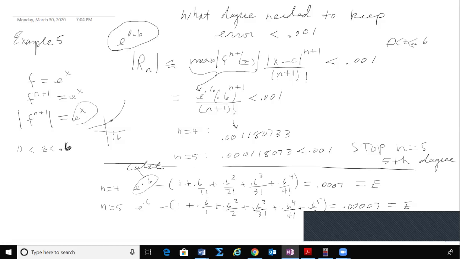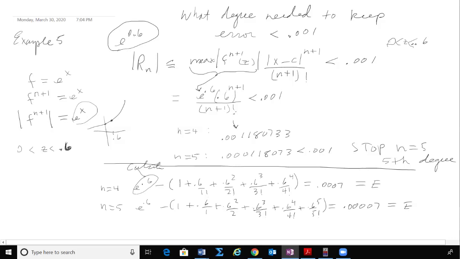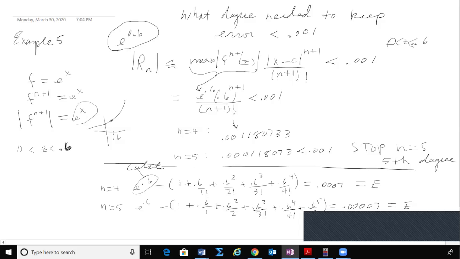Not 5 terms, it's actually 6 terms, but it's 5th degree. So we could have gotten away with n equals 4, but the answer is n equals 5. So you would report this as your answer because of this result that we saw here.